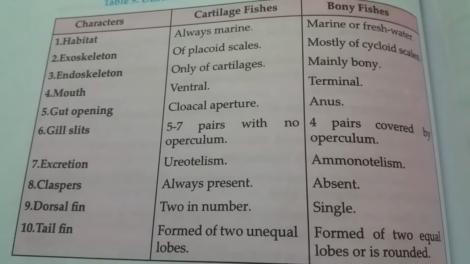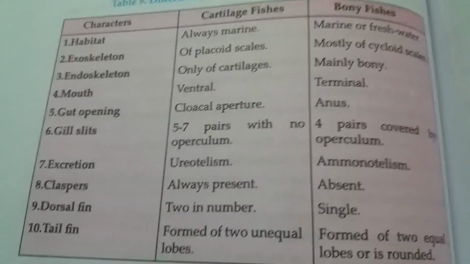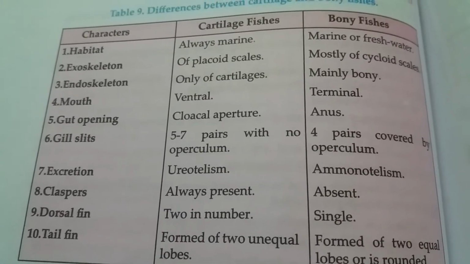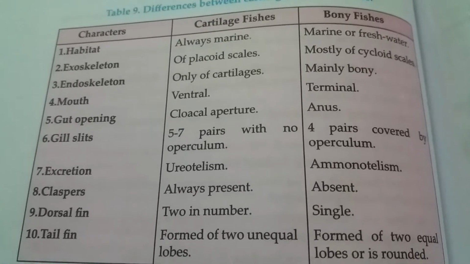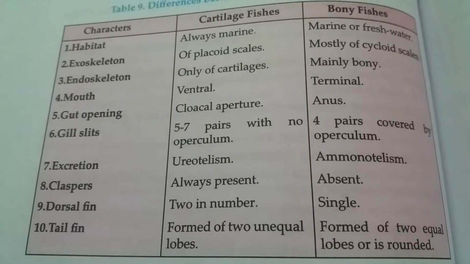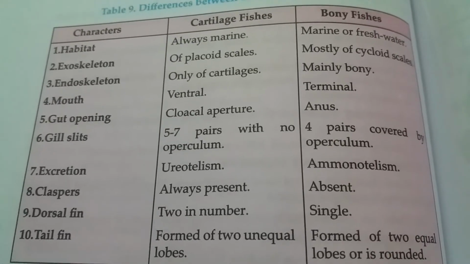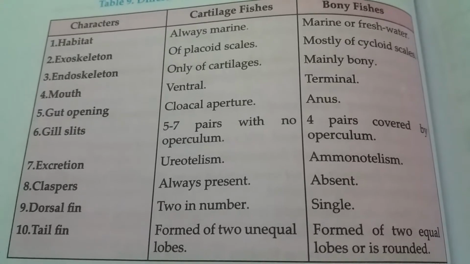Gill slits: 5 to 7 pairs with no operculum in cartilaginous fishes. Operculum is a bony covering on gills, and in bony fishes there are 4 pairs covered by operculum.